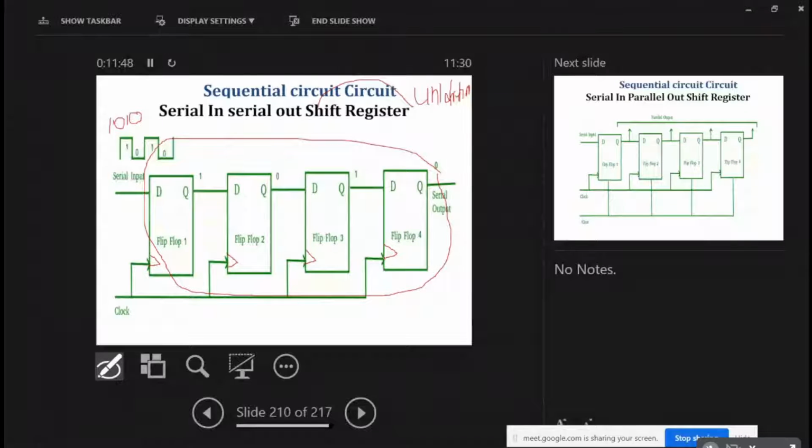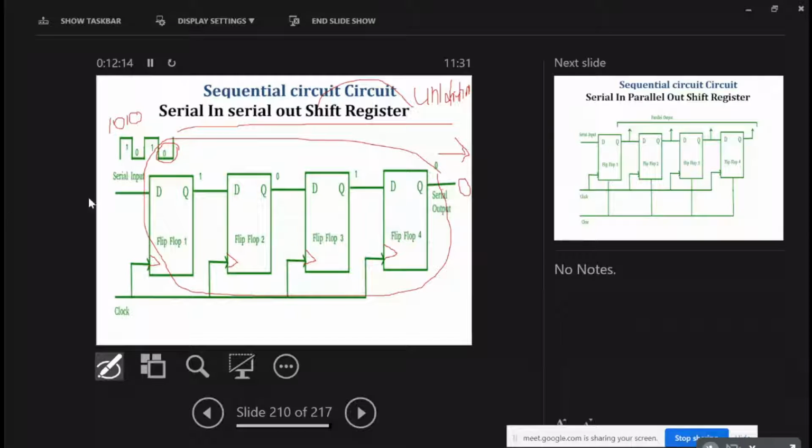So we are assuming this is a positive edge triggered flip flop. How will the information get inside the register? See, this is 1010. We want this information to be present here, because we are taking the output from this output, since we are talking about the serial output.